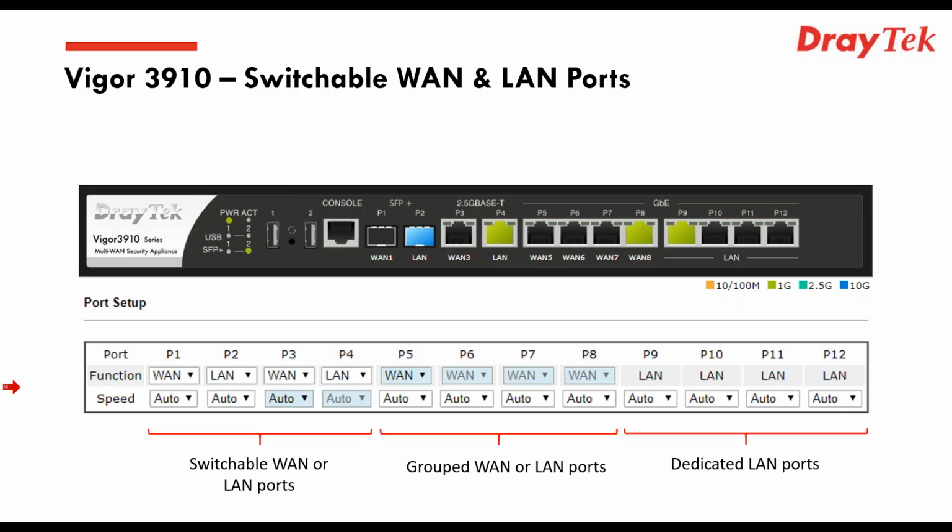So essentially, if we select WAN there on port 5, then port 5 through to port 8 are all WAN ports, and the same would apply if you selected LAN. And port 9 through to 12, they're all dedicated LAN ports. So this device offers much flexibility for any kind of installation that you are putting this into, and the WAN connectivity available at the site.